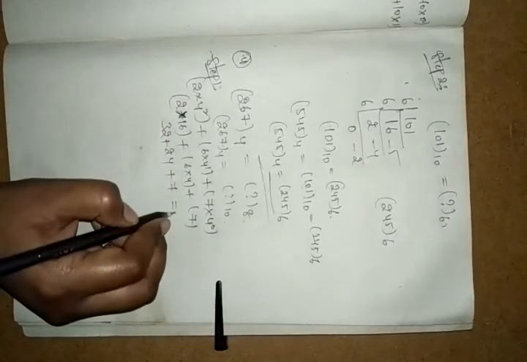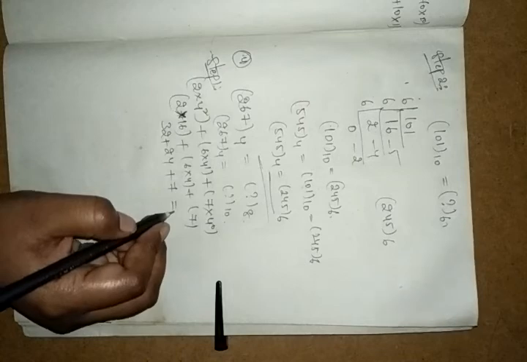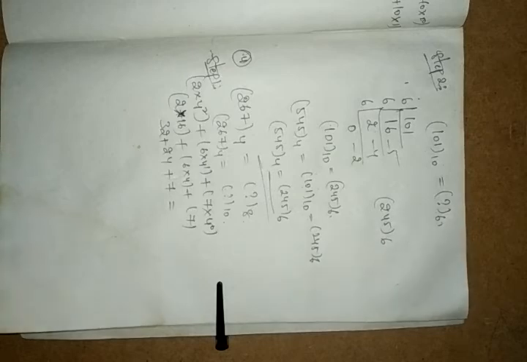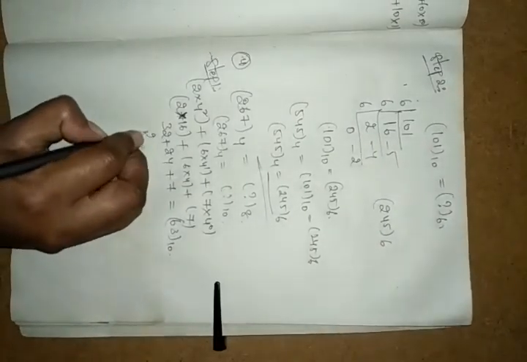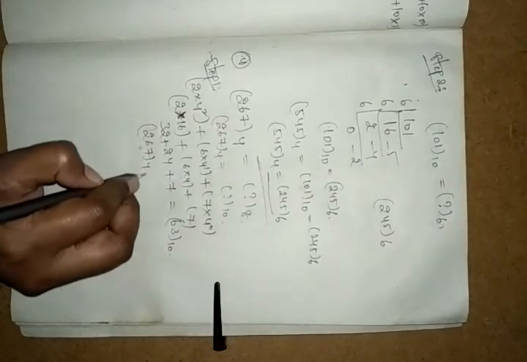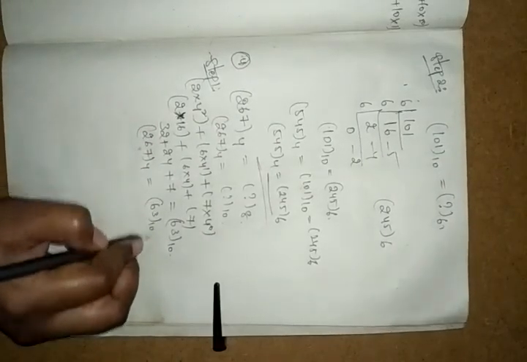So the total we get is 63 base 10. 267 base 4 equals 63 base 10.